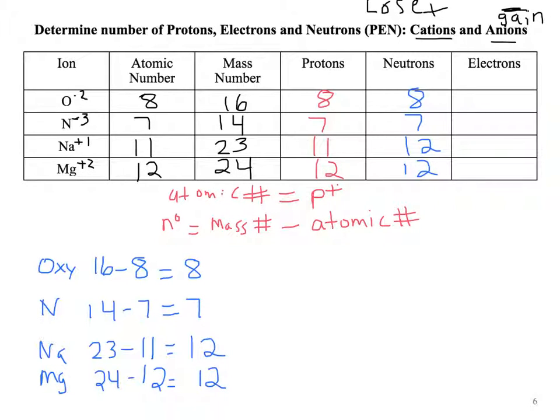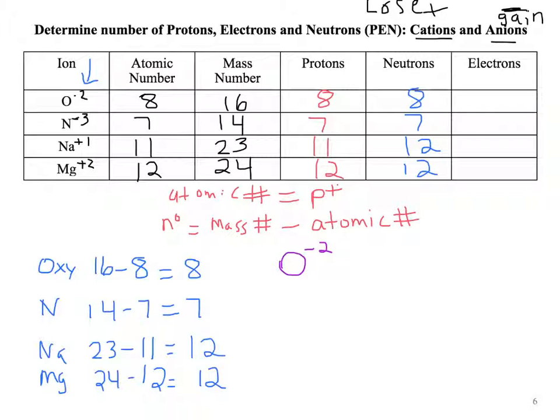Alright. Now the number of electrons this time is not the same as your atomic number. The electrons are basically going to be based upon your charge that you see here. So, let's pick another color for our electrons. We'll use purple. Alright, so our electrons are going to be, if oxygen is a -2 charge, it's an anion, I'm sorry.